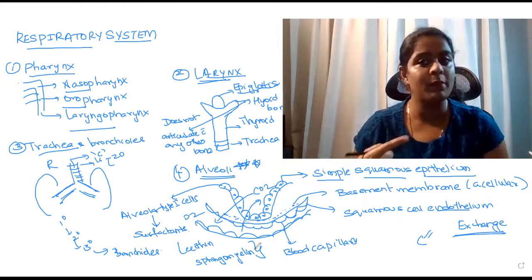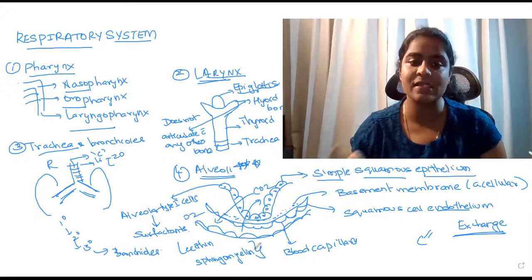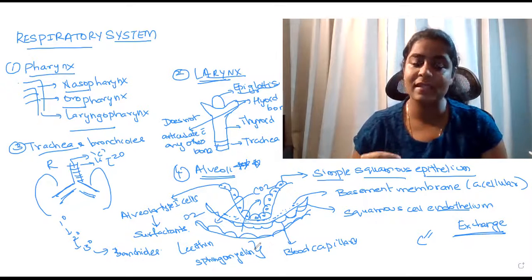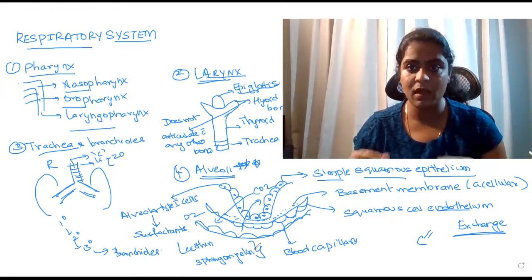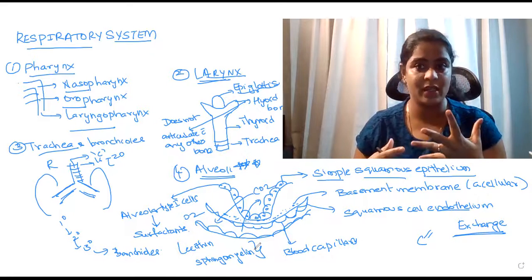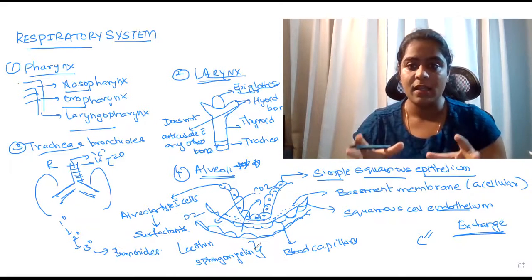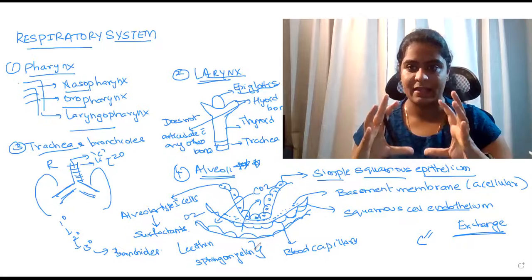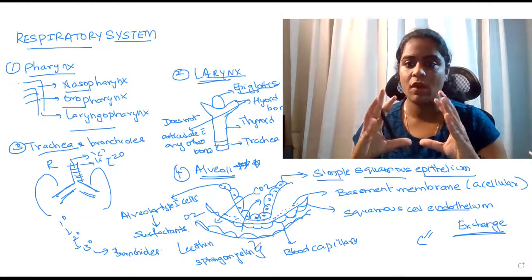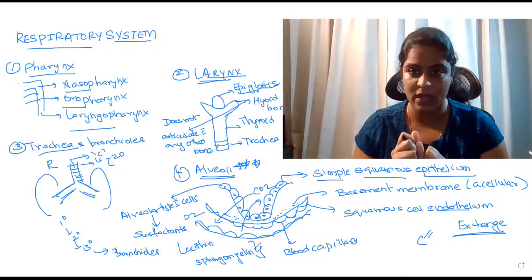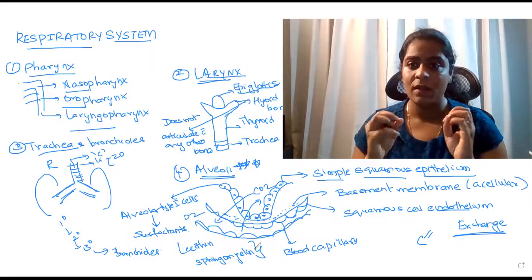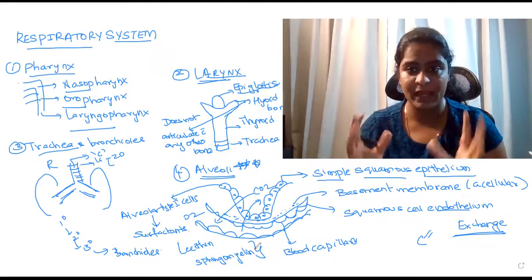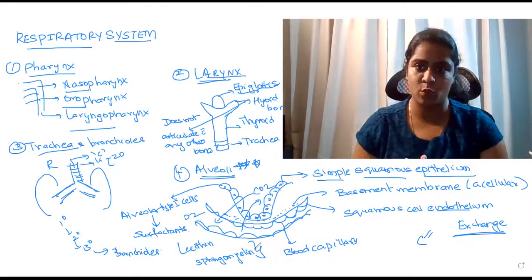You will learn about it more in tomorrow's class. For now, remember that these are surfactants. They increase the surface area. Your lungs are like this, right? They are not like a balloon that just collapses. That is all happening because of different kinds of laws playing a role, which I'll be explaining tomorrow.